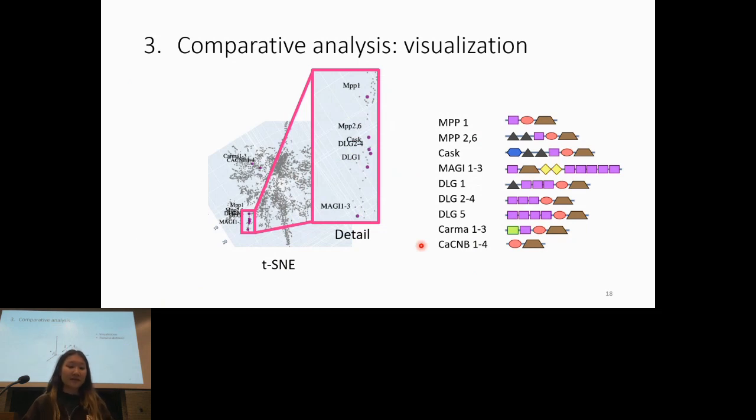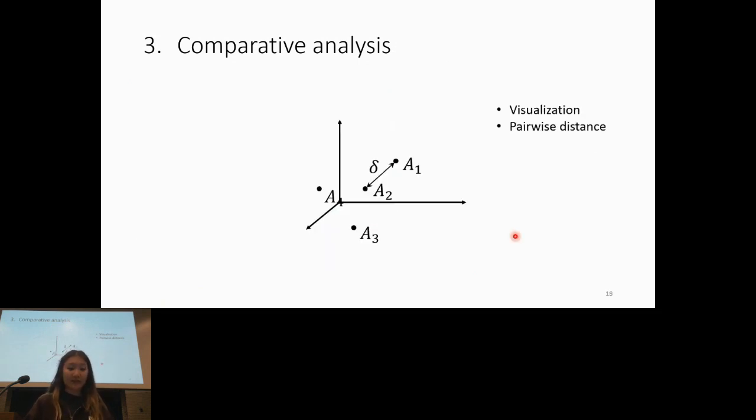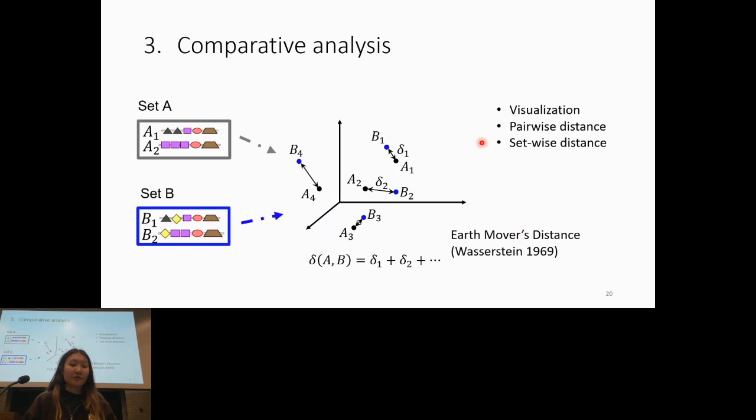So that's for visualization. And if you want to quantify the relationship between domain architectures in this space, you can use pairwise distances such as Euclidean or cosine distances. And you can also expand the pairwise distances to setwise distances with the Earth mover's distance. And so this gives you a number between two sets of domain architectures.